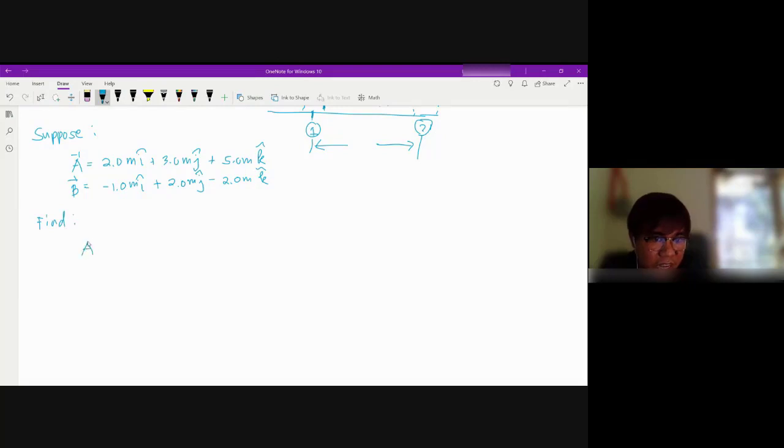Find the scalar product of vector A and vector B. Okay?